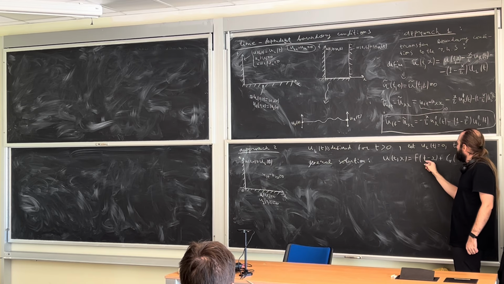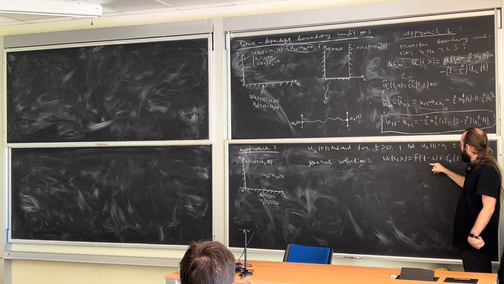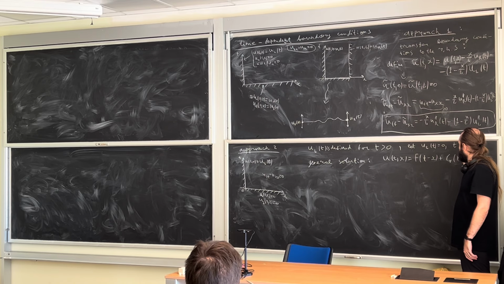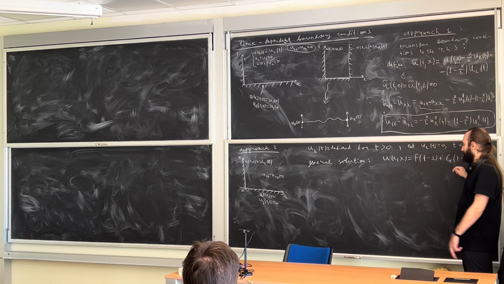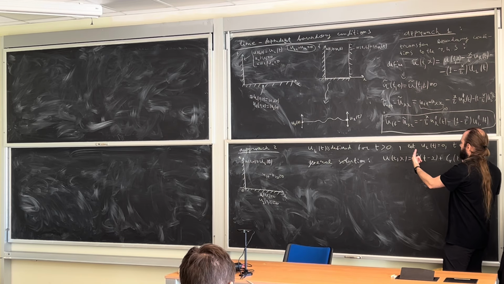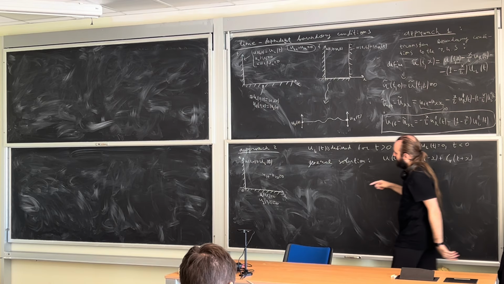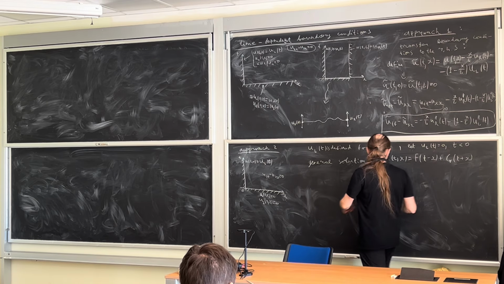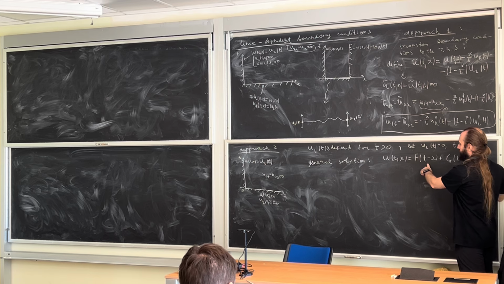Both of these functions will be visible for x greater than 0, because in one case they cancel each other: if u equals 0, then these two functions cancel each other.